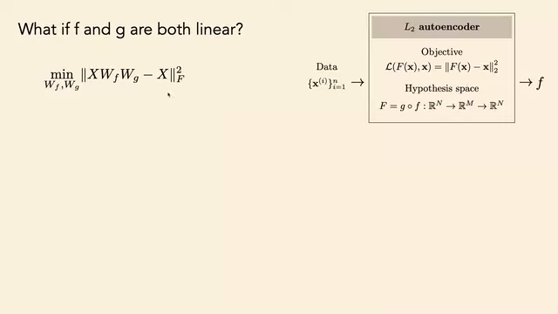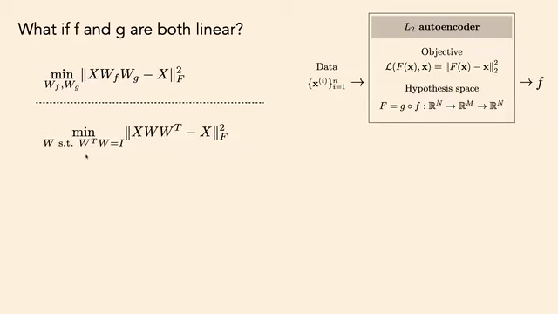And PCA is a variant of this where we assume that the encoder and decoder are the same matrix W, and it has the property that it's an orthogonal matrix. So that's the constraint. It's a slightly different setting, but it's almost the same. And so this is the objective that PCA tries to minimize. It tries to find W such that this transformation will result in decoding back to the original data.